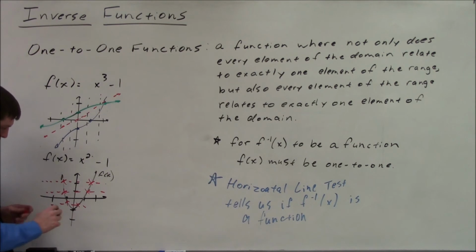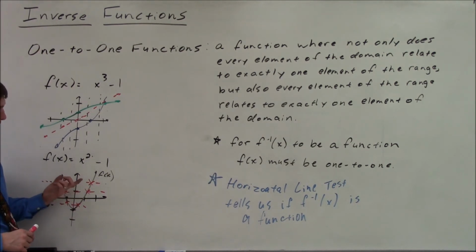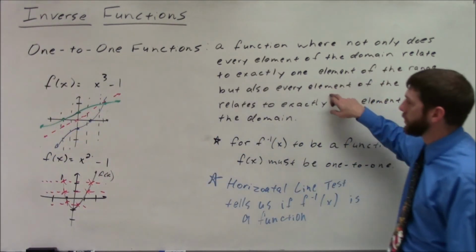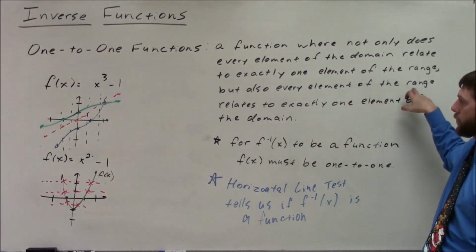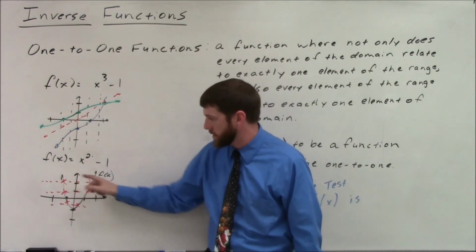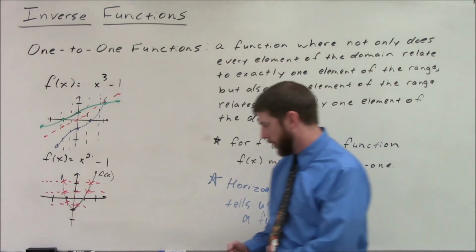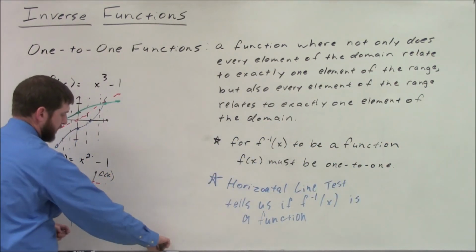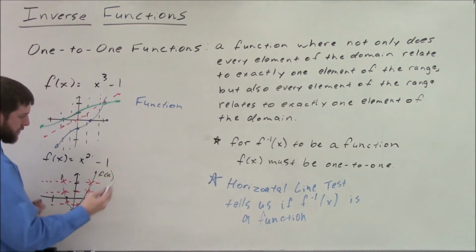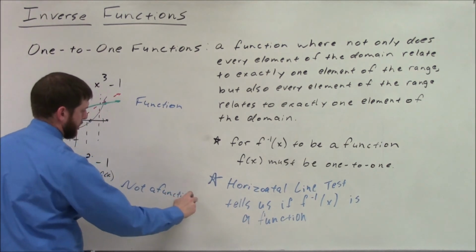But there are infinitely many lines that have more than one x coordinate for each y coordinate. So that's why it's failing this one-to-oneness, because every element of the range does not have just one domain value. There are infinitely many elements of the range that have multiple domain values, multiple x values with them. So while x cubed minus 1 is a function, x squared minus 1 is not a function.